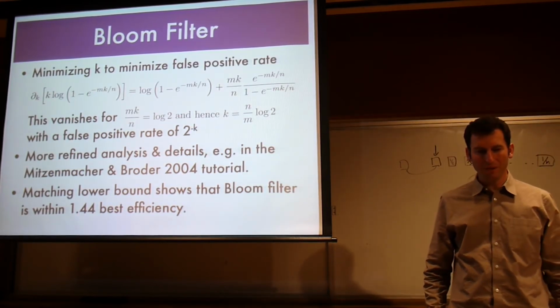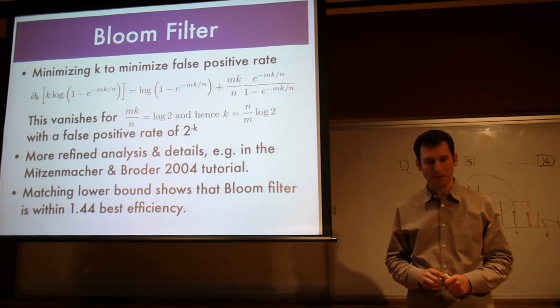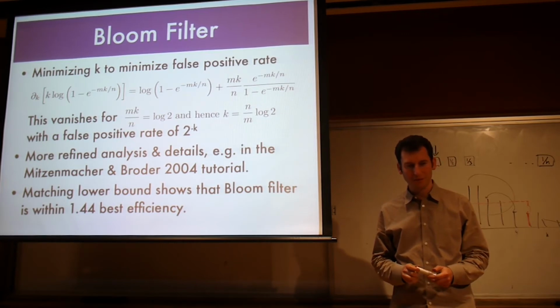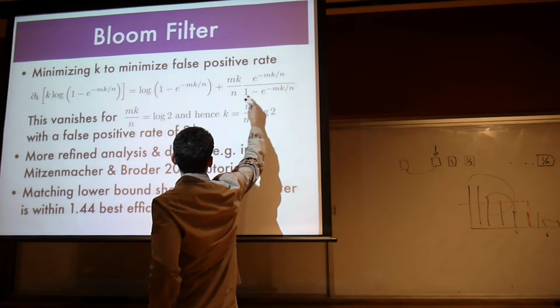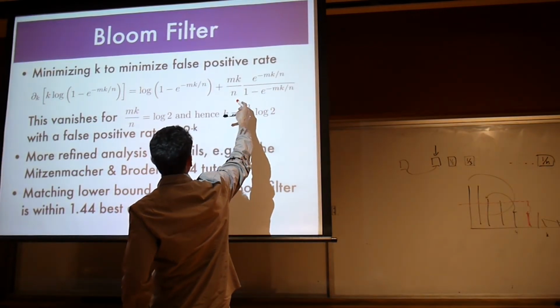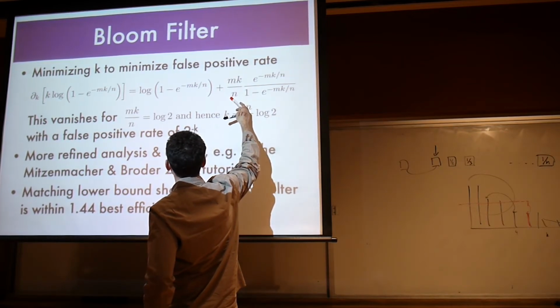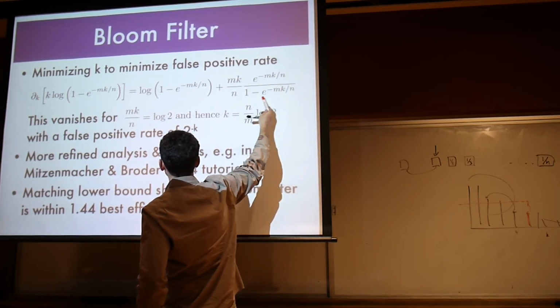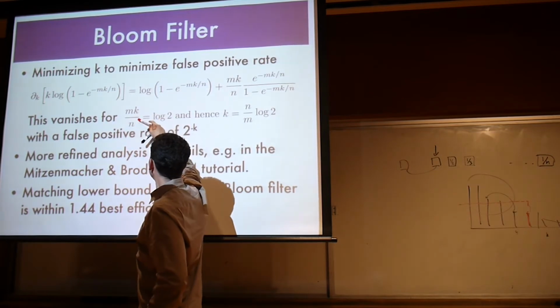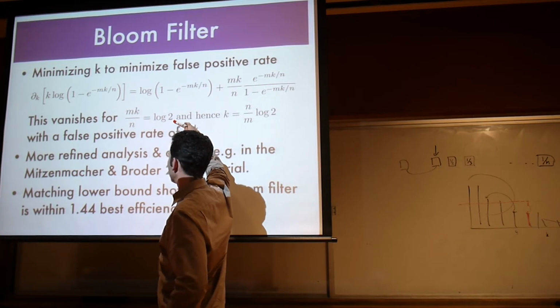Let's minimize over k to minimize the false positive rate. So I take the derivative of this beast, and I get something that, interestingly, can be expressed throughout as fractions of mk over n. Everything else goes away. So I need to set it to 0. And so this vanishes, you can check it, if I pick mk over n to be log 2.